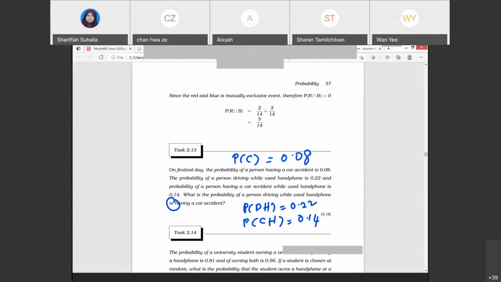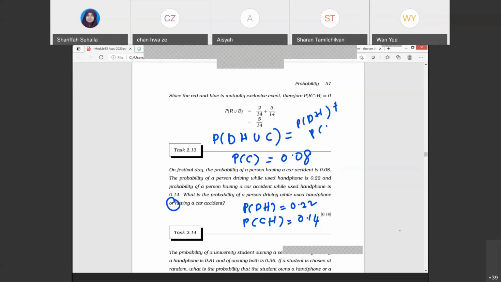So that means you will have the probability of, let's say, DH. If you want to write in terms of symbol, DH, you will see down below. So you apply the additive rule of probability: probability of DH plus probability of C minus driving while using handphone and having a car accident, which is 0.14.